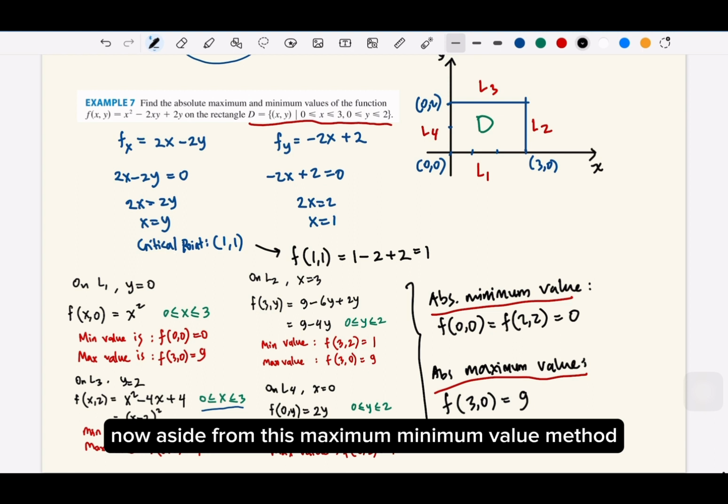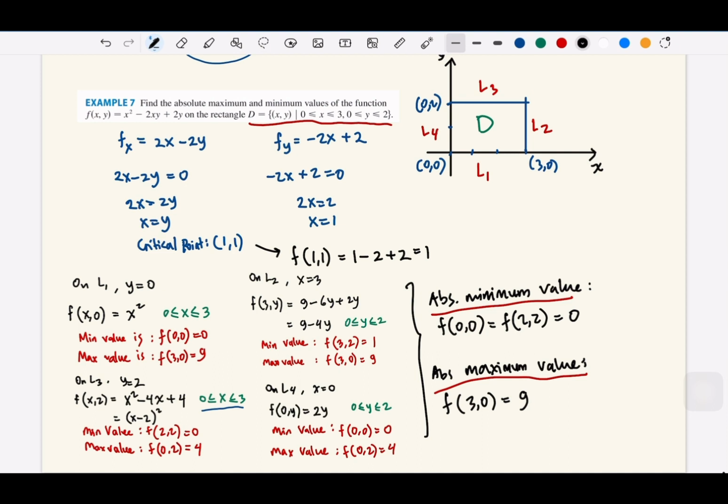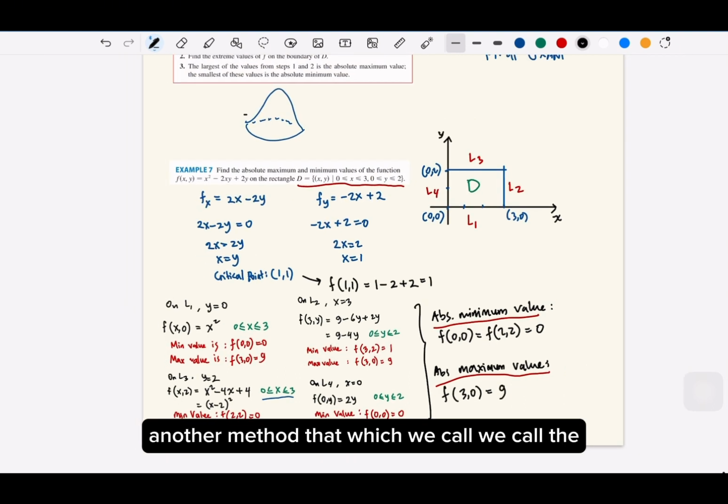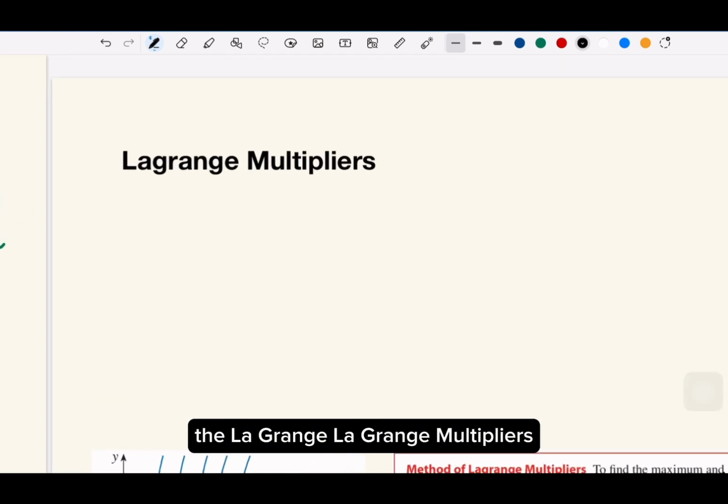Now, aside from this maximum-minimum value method, like we did before, we have the first derivative test and the second derivative test, right? We also have another method, which we call the Lagrange multipliers.